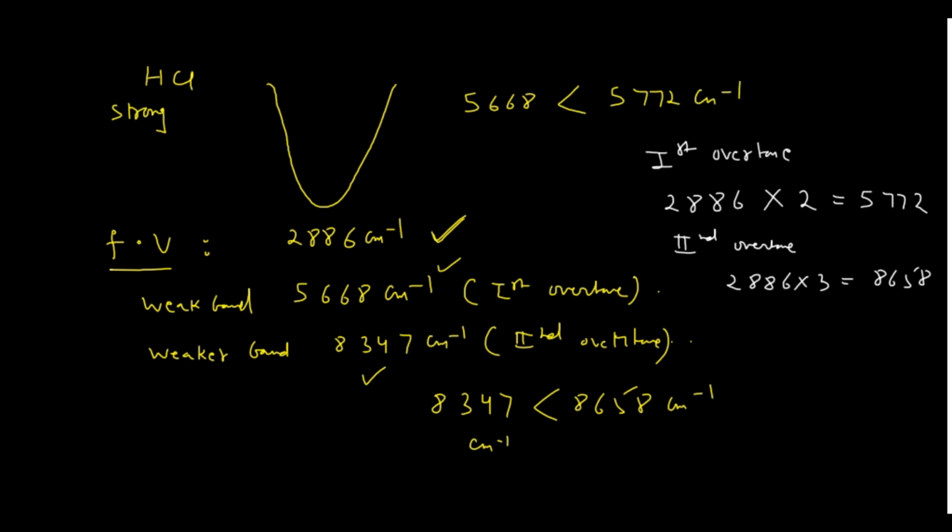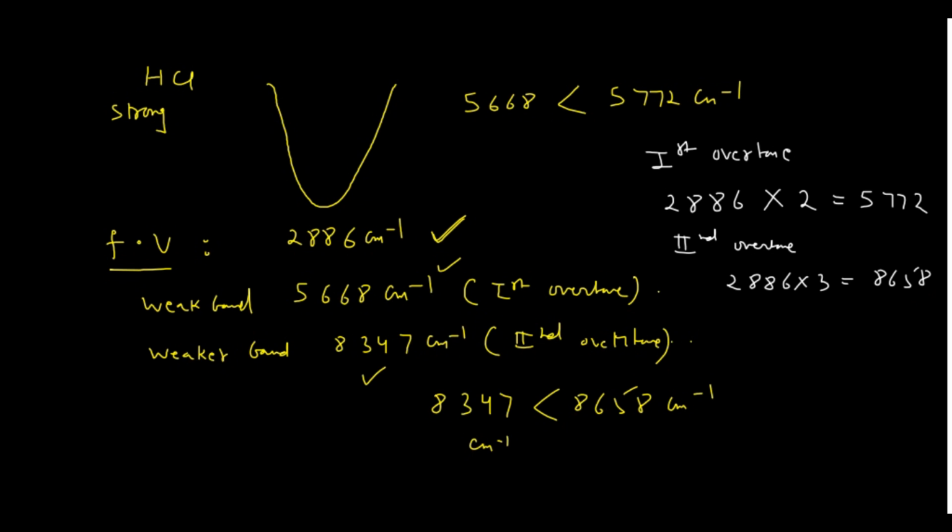The first overtone should appear at 5772, but it is appearing at 5668. The second overtone should appear at 8658, but it is appearing at a lower value, 8347 centimeter inverse. This is the anharmonic character.